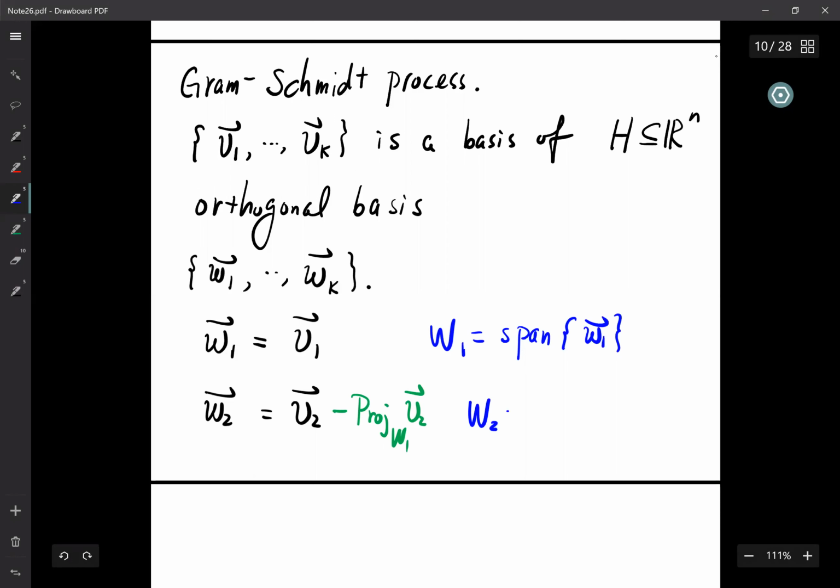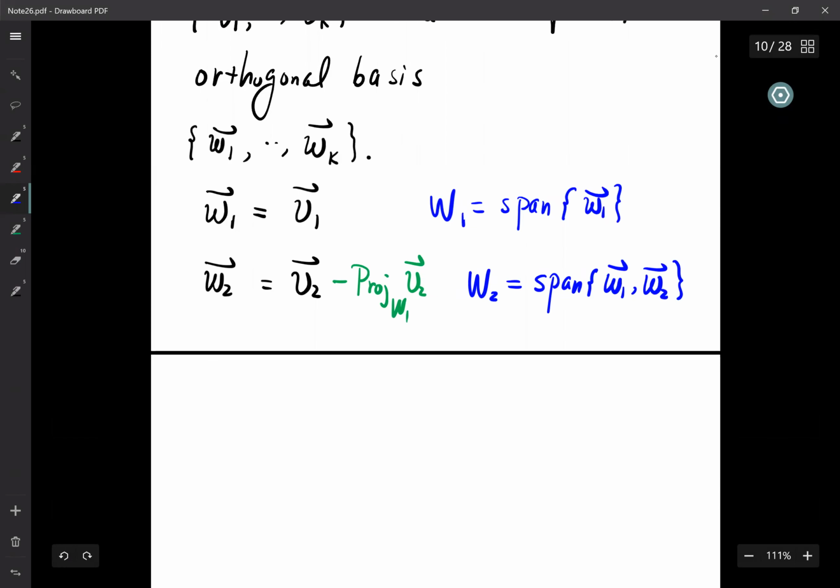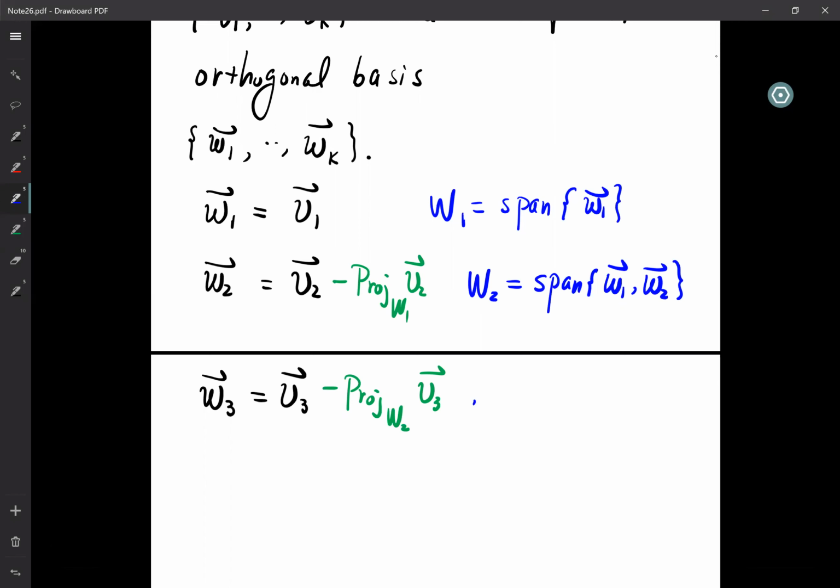Now I define a new subspace, capital W2, to be the span of W1 and W2. Now you see where this is going. Now you have a third vector, V3 minus the projection of V3 on capital W2. Therefore, W3 is in W2 perp, and therefore in W1 perp.